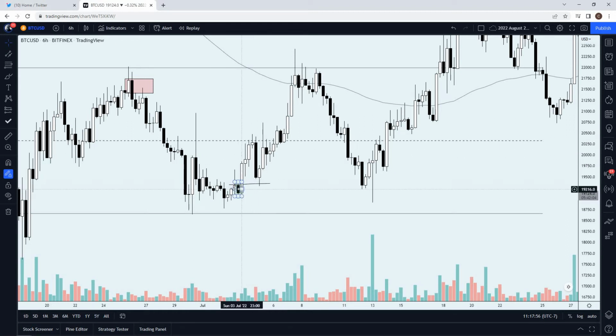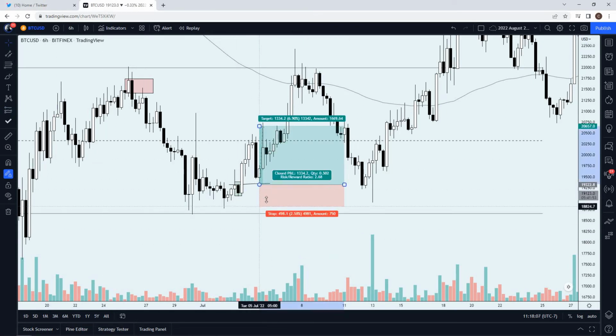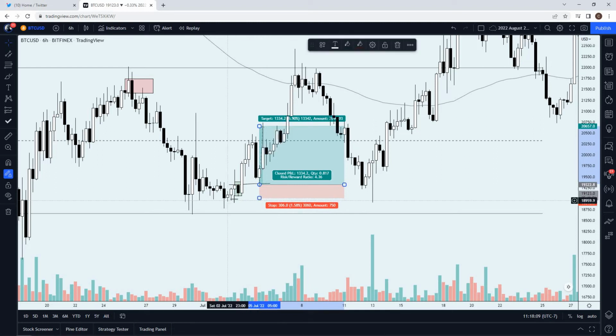On that wick, that's your target to go long. So you'd take your long within that order block. Your risk would be below the order block because that is where you're invalidated. Some people decide to take more risk and put it below the actual low, which would be closer to 3%.